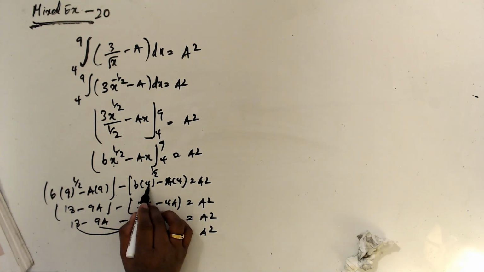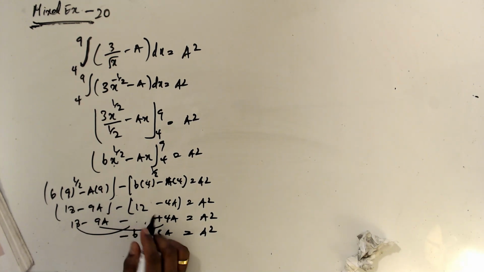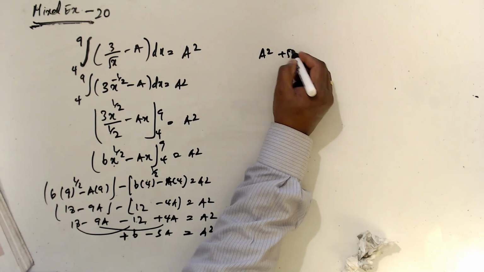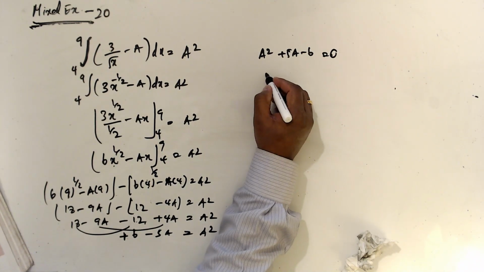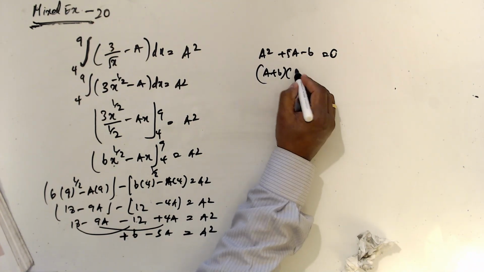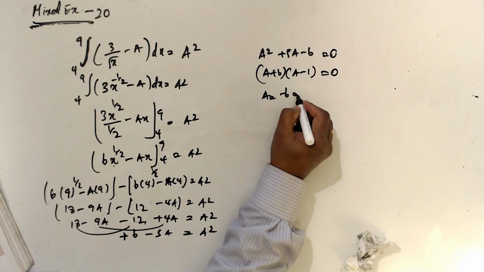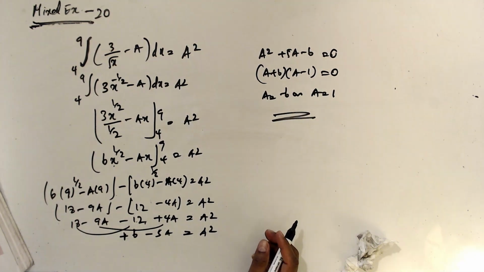And now a square plus 5a minus 6 equals 0. So (a plus 6)(a minus 1) equals 0. a equals minus 6 or a equals 1. So there are two values of a.